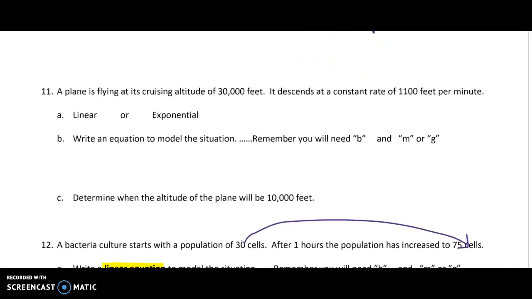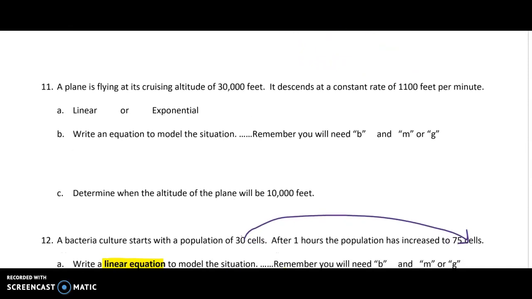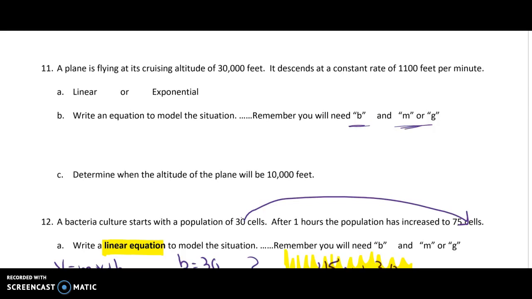And then when you do number 11, again, is it linear or exponential? You're going to write the equation. Again, you need these to write the equation. And then determine when the altitude will be 10,000 feet. So this in your equation will be y. So when you have your equation, you're not going to replace your x with 10,000. You're going to replace your y with 10,000. Okay? So a little sneaky on that one.